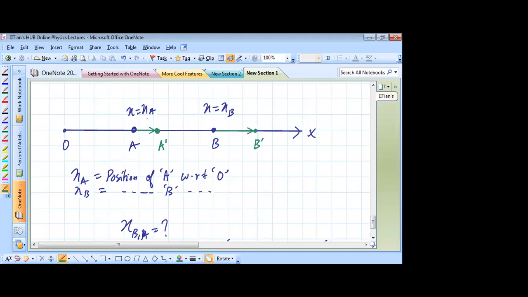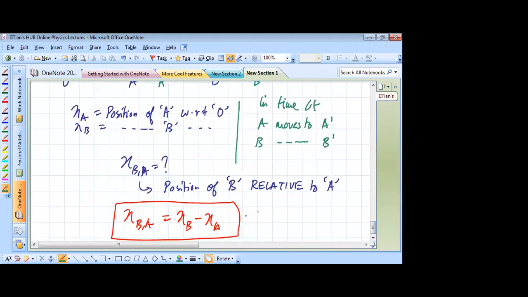So A has made a displacement of SA, B has made a displacement of SB in time delta t. Suppose A moves to A prime and B moves to B prime. Okay, so now we can see: what is the displacement of B with respect to A?